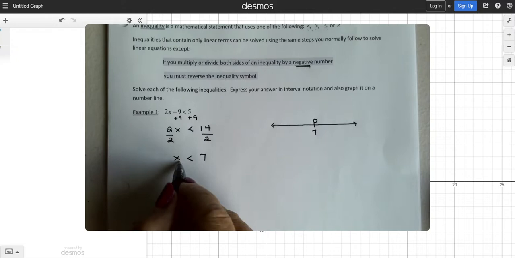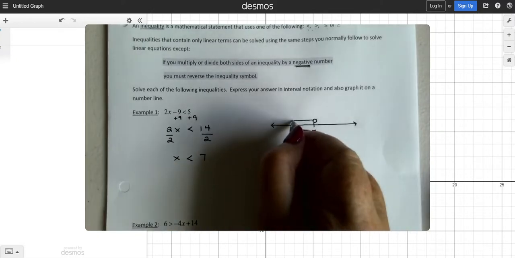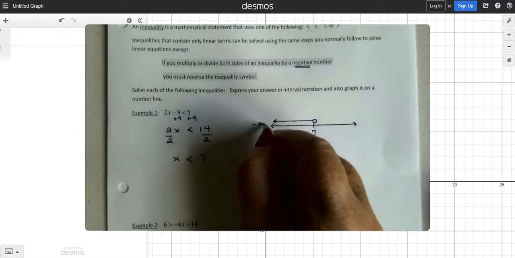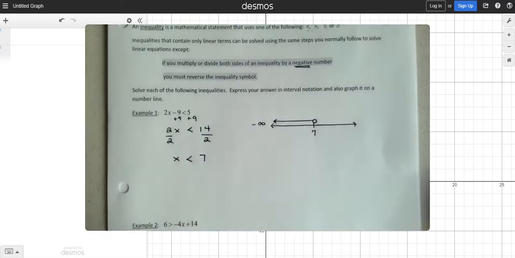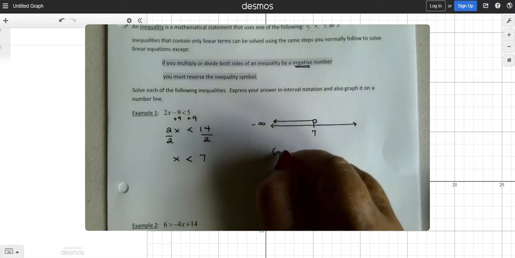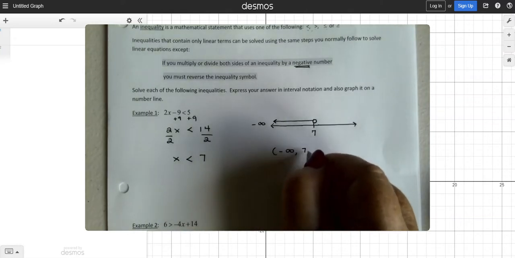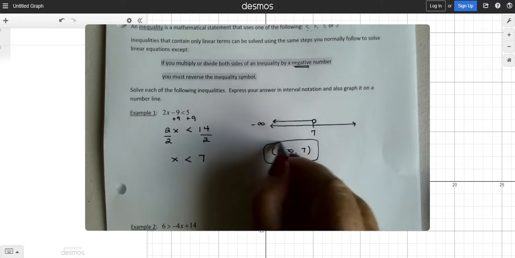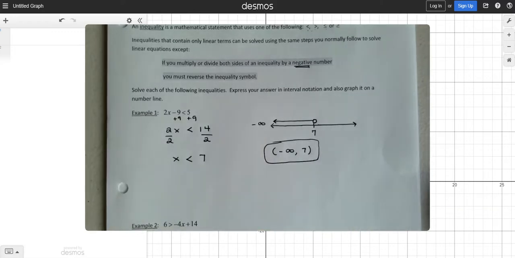But I want the x's to be smaller than 7. So this would go from negative infinity to 7. Remember, always read your intervals from left to right, no matter which way the arrow points. So 2x minus 9 is less than 5 for all x values less than 7.